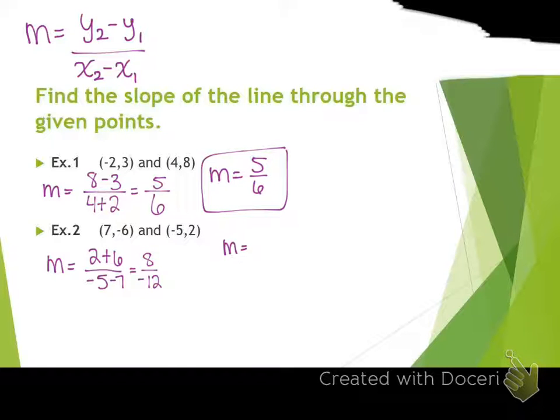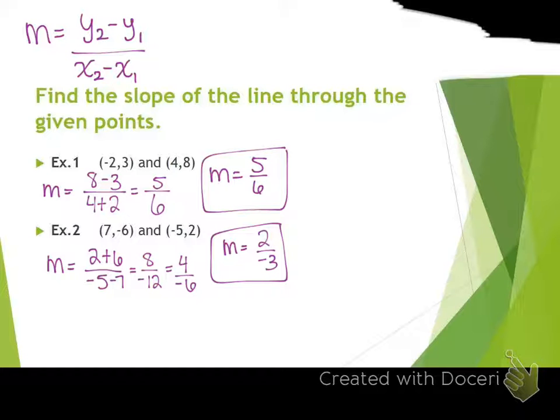What do we get? Negative 6, keep your negative sign, which can reduce again to be 2 over negative 3. Anybody agree with that? I was wrong, that's fine, that's why we checked it. Questions about finding slope through 2 points? Make sure that you're doing y's on the top, x's on the bottom.